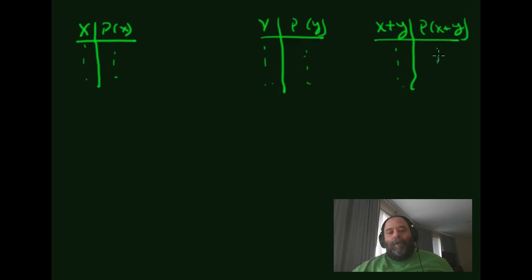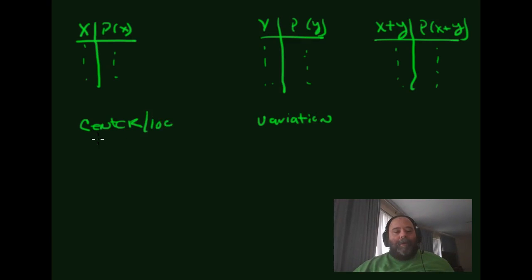Okay, so what we need to concentrate on is what happens to the measures of center and the measures of variation. All right, center and location. Okay, so the only ones that matter here are going to be the expected value and the standard deviation.